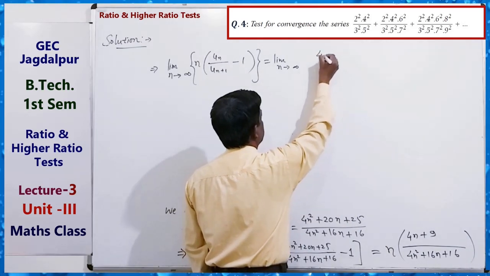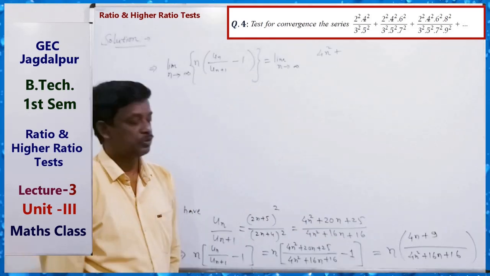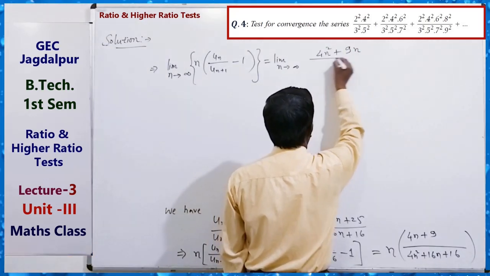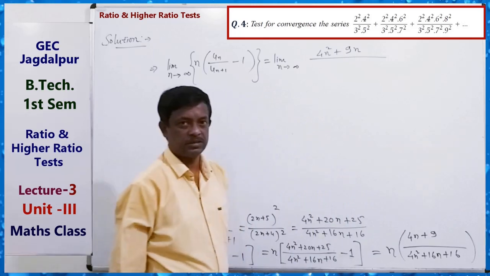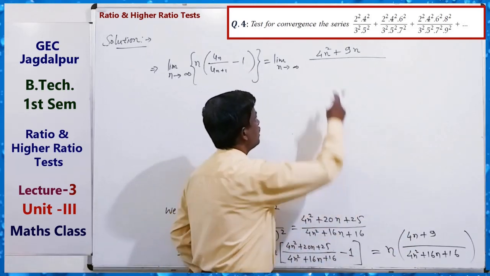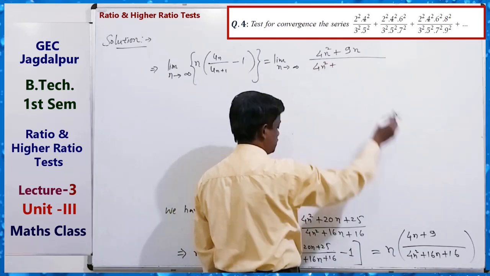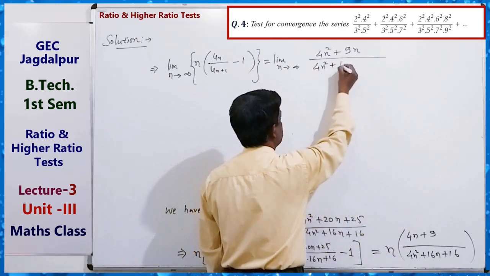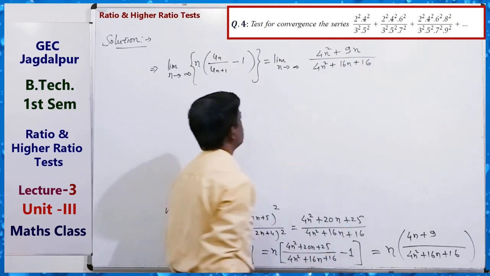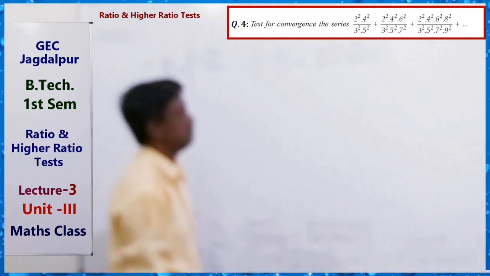So 4n square plus 9n upon, just multiply by this n, 4n square plus 16n plus 16. Clear? Its limit will be what? 1.